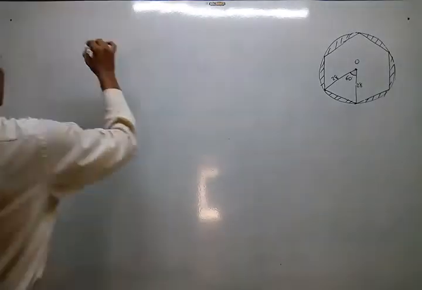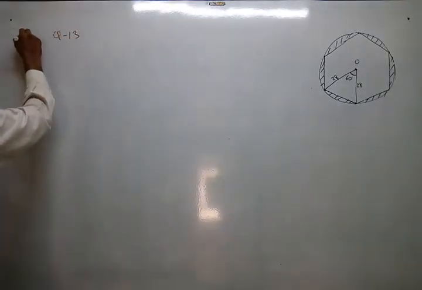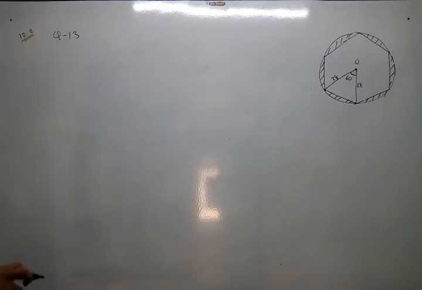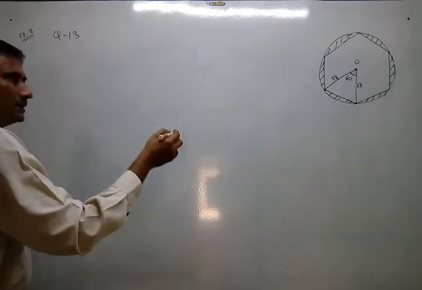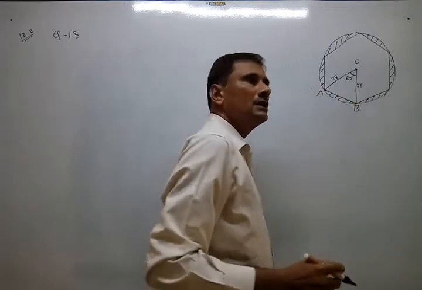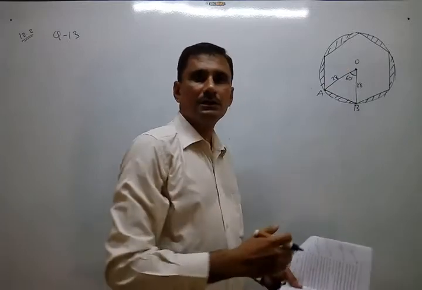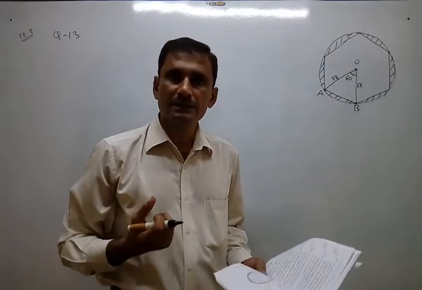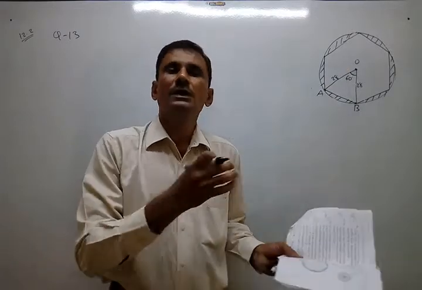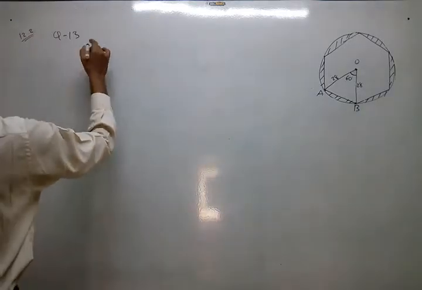So that is question number 13 of 12.2. If you want, just give your name also, because everything is not given here, so we have to somewhat write there also. Before starting, just look here.